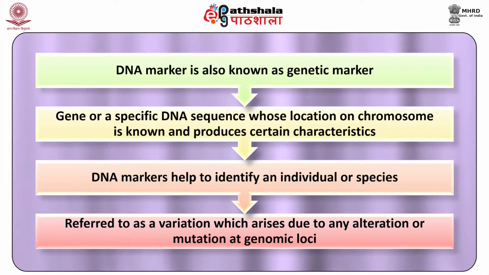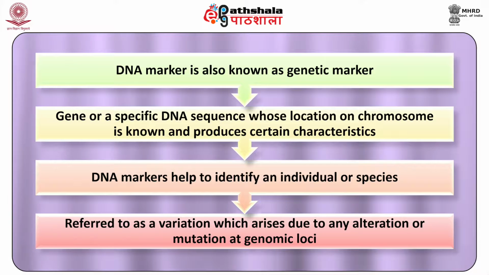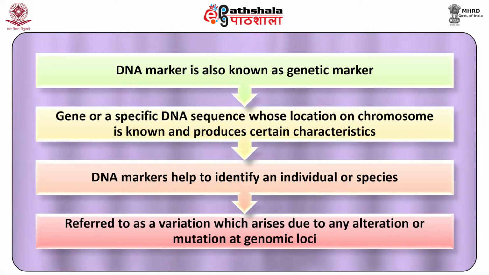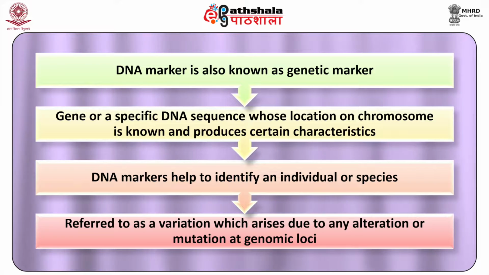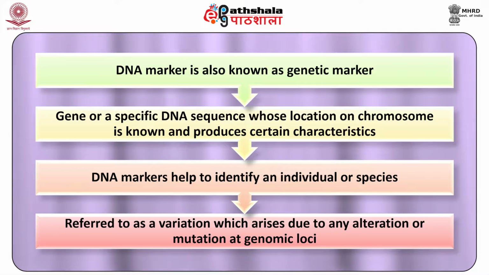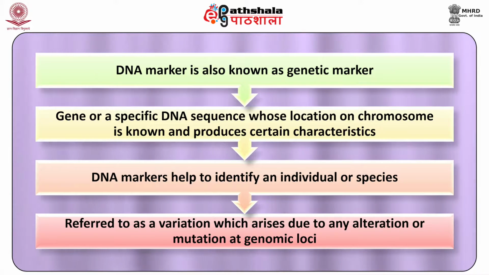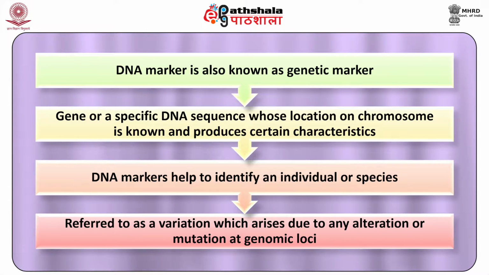It is a gene or a specific DNA sequence whose location on the chromosome is known and which produces certain characteristics. DNA markers help to identify an individual or species. It can be referred to as a variation which arises due to any alteration or mutation at genomic loci.